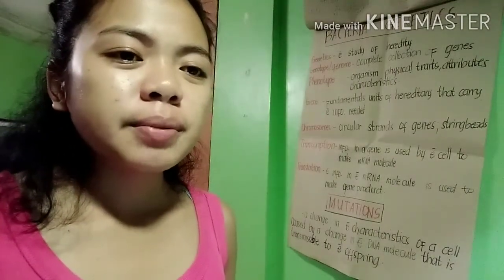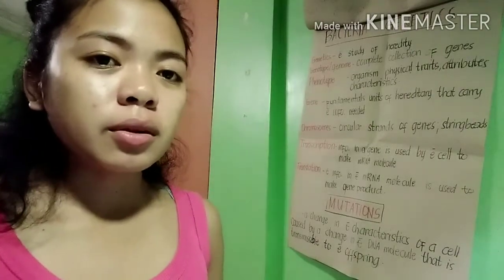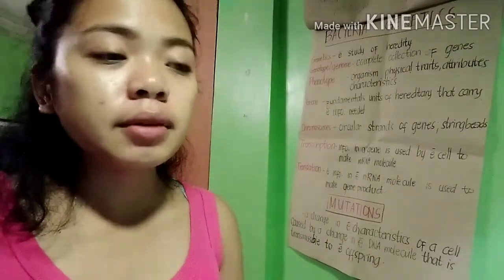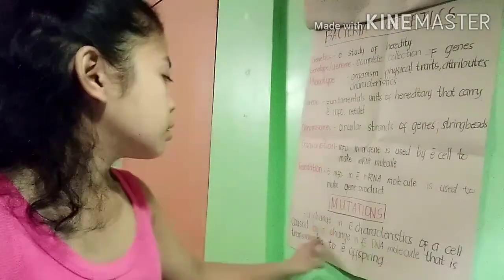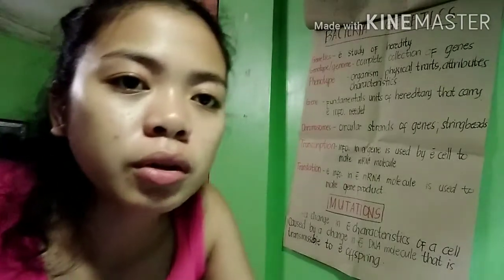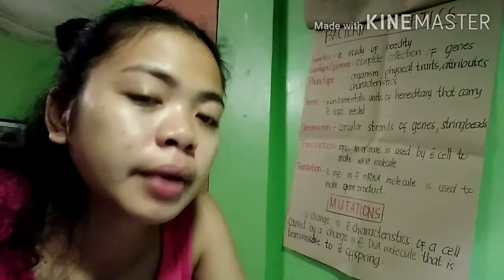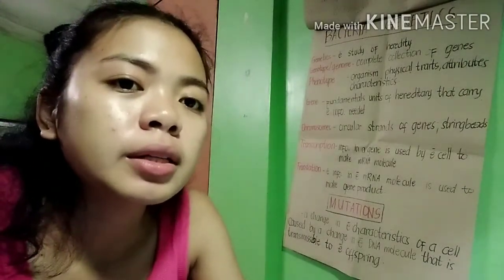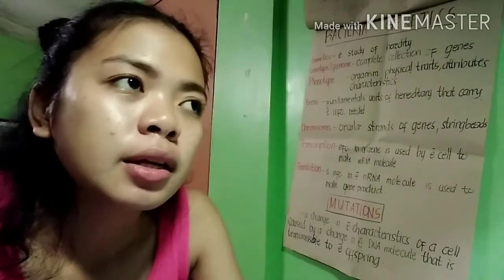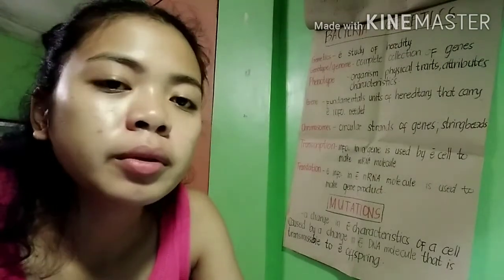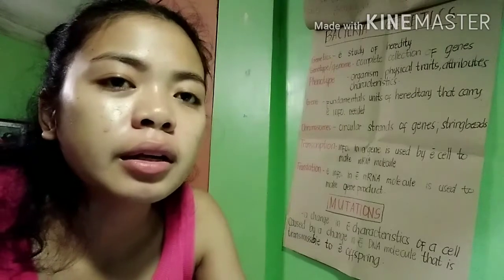Next is mutation. Mutation is a change in the characteristics of a cell caused by a change in the DNA molecule that is transmissible to offspring. It is caused by microorganisms or viruses, which accumulate in the DNA.